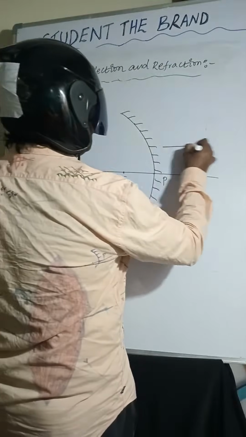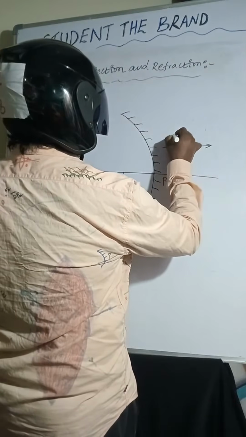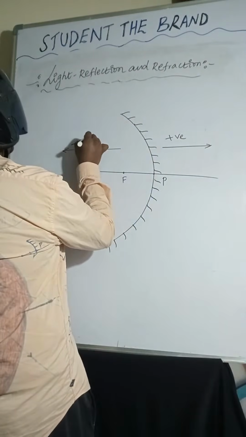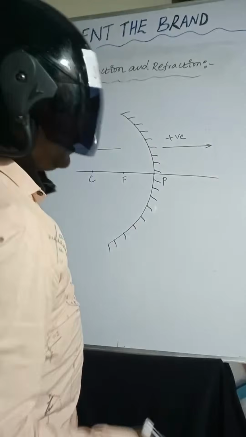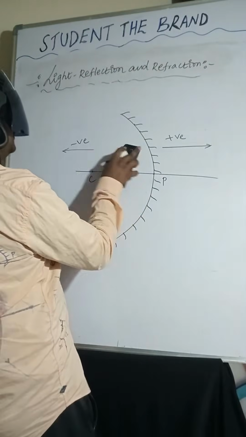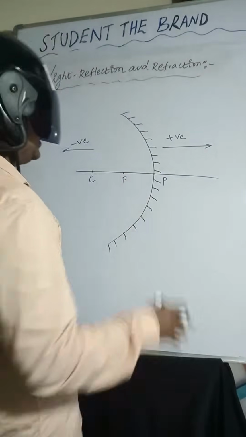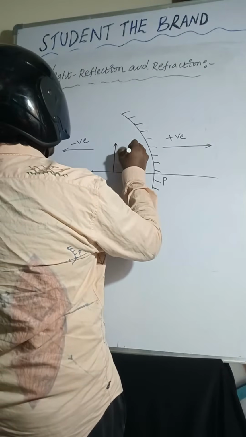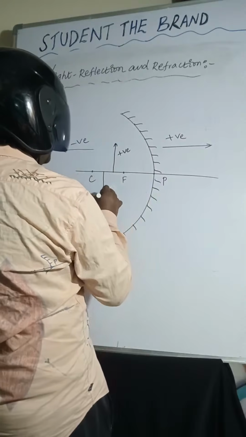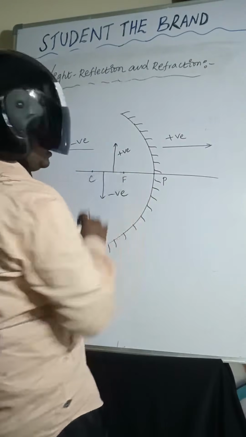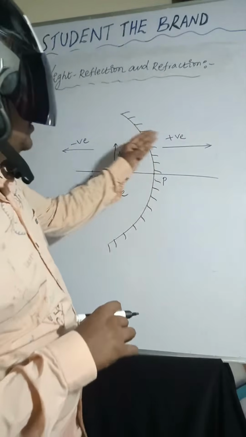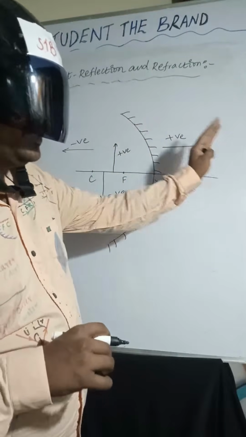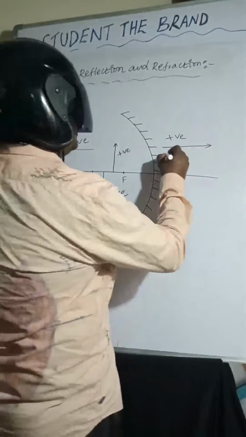In the direction of incident rays, all are positive. Opposite to incident rays, all are negative. Above the principal axis, it is positive. Below the principal axis, it is negative. What are those?